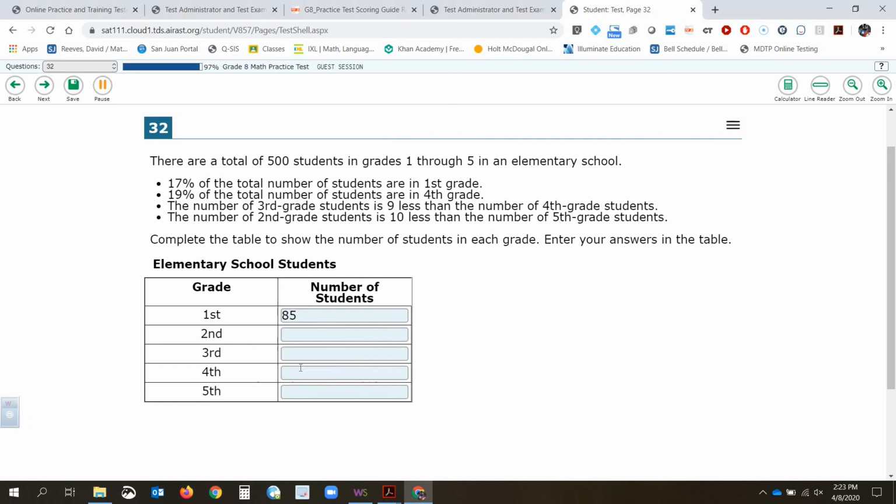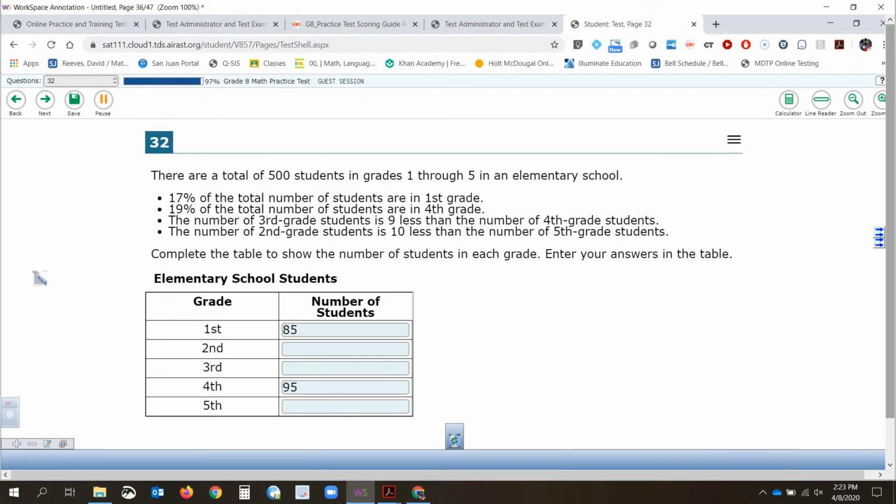So it actually wasn't a few more, it was actually 10 more fourth graders than first graders, right? By the way, that tells me that 2%, what did we just find out? We just found out that 2% of 500 is 10, right? Because the difference between these, this again was 17%, and this was 19%.